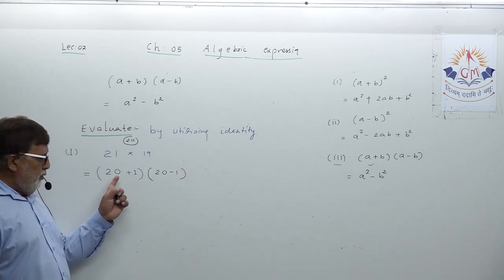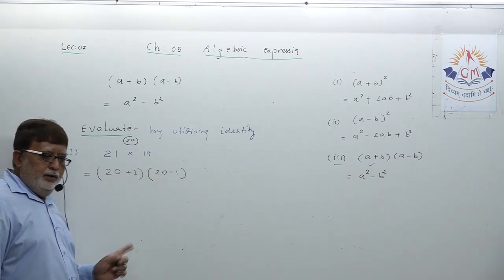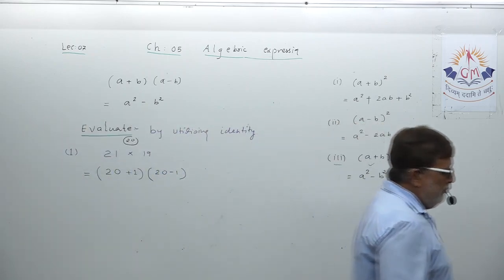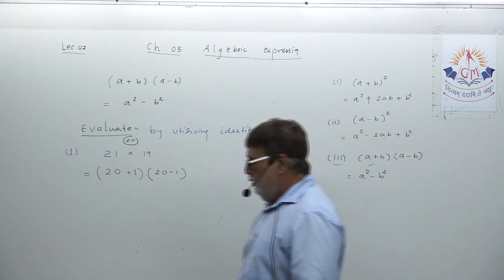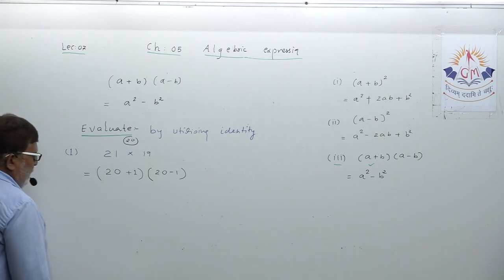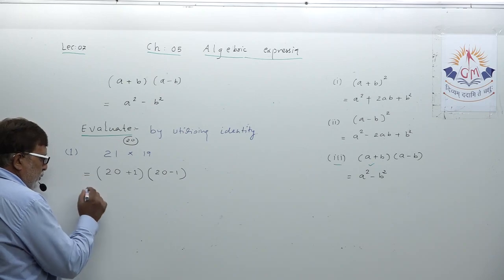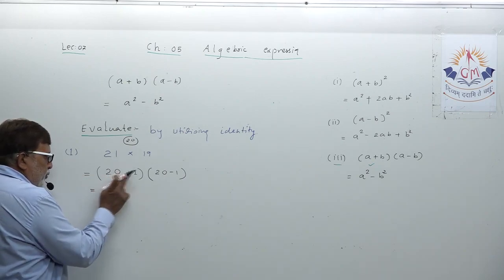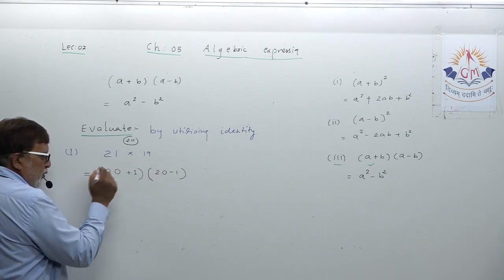It is looking like a plus b, a minus b. This is a very important concept, you need to concentrate. a plus b, a minus b: 20 plus 1, 20 minus 1. Here in this example, dear student, the terms are common, only the sign differs.